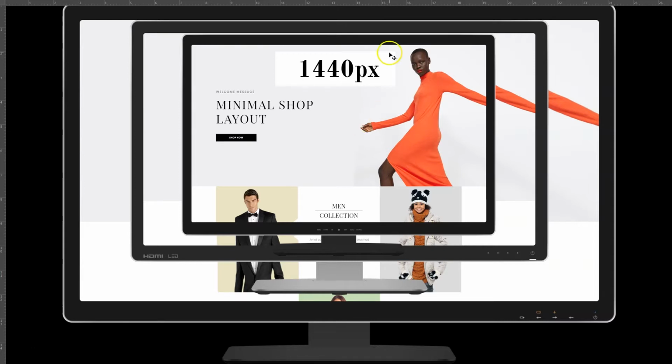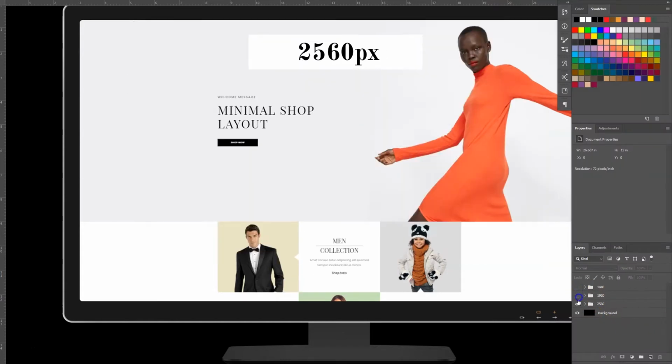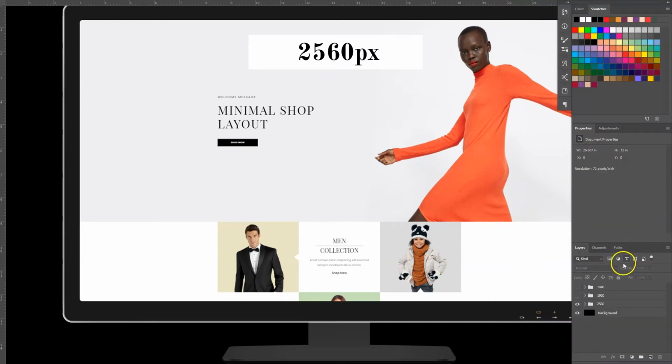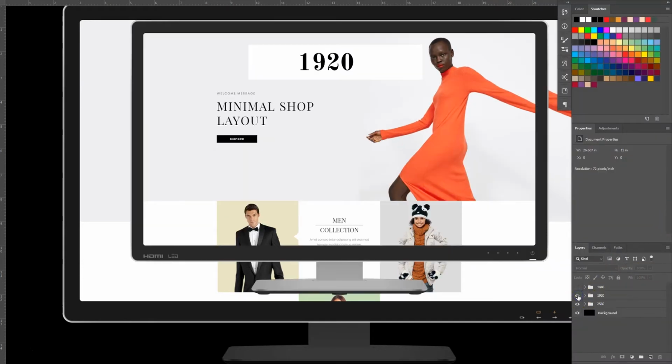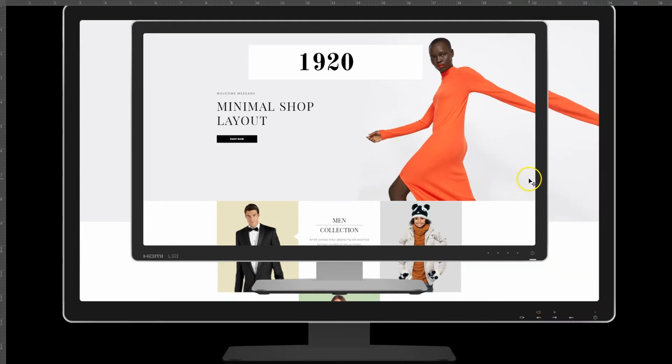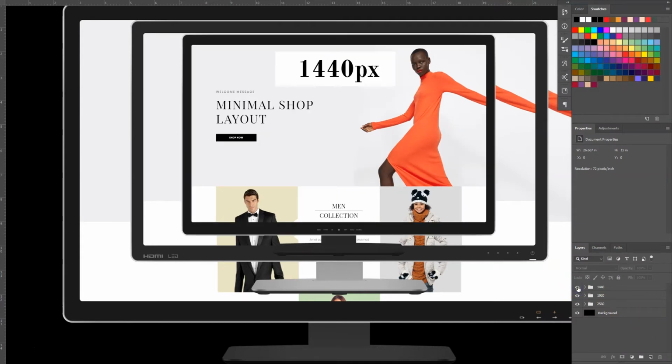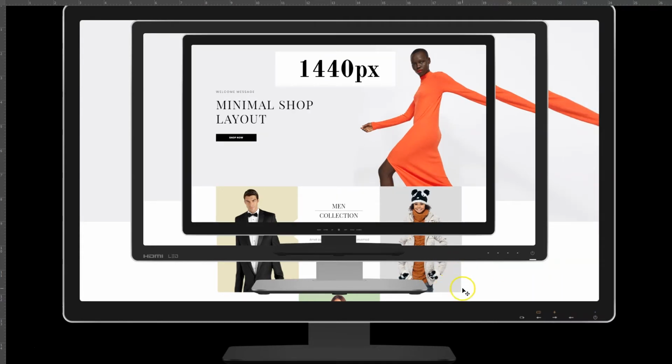For example, let's look at this lady over here. You can clearly see that she's quite large in the 2560 pixels. At 1920, she still stretches all the way over that screen's display. Same in 1440. But look what happens to these images down here. They didn't grow.